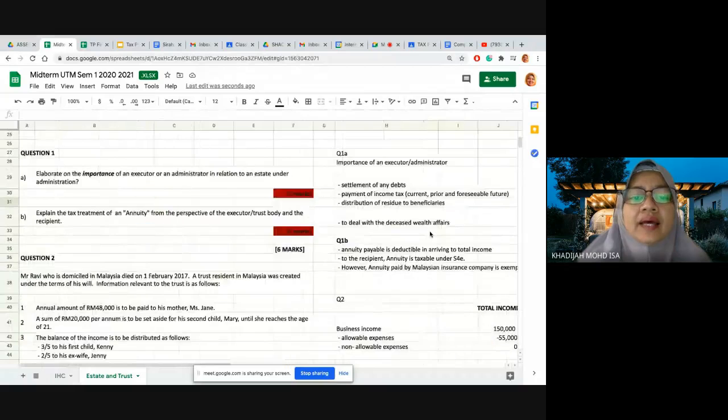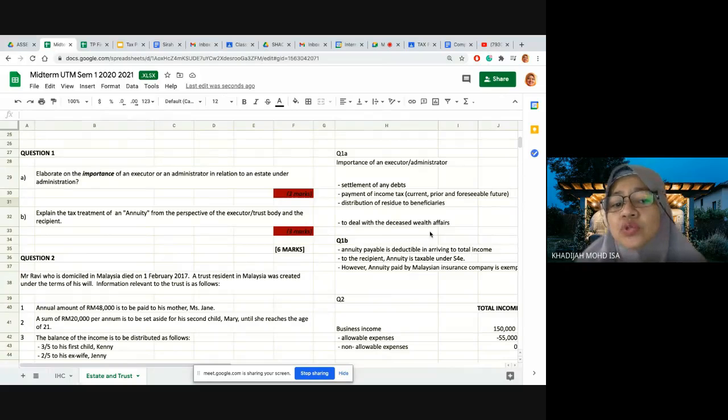Yeah, and then in terms of the tax treatment of an annuity, to the executor, annuity could be, katalah trust body tu, jarang lah trust body tu sebenarnya akan dapat annuity. Siapa nak bayar annuity pada trust body? Very rare lah. Tapi, well, I take that consideration, but I'm not actually looking at the trust body.